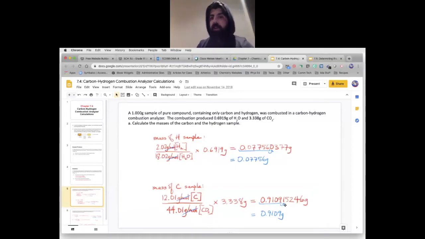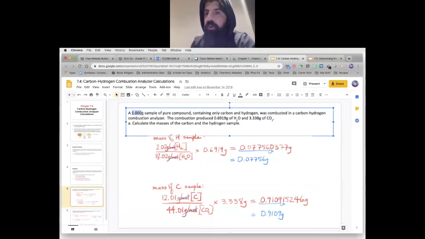And one thing to make note of is once we've found our values, these values here that we just calculated should, ballpark wise, it's never exact, but it should be close enough to this 1 gram sample that we started with. So all this excess mass is made up of oxygen. All this excess mass here of the 3.38 grams is actually, in fact, oxygen that we are burning in it.